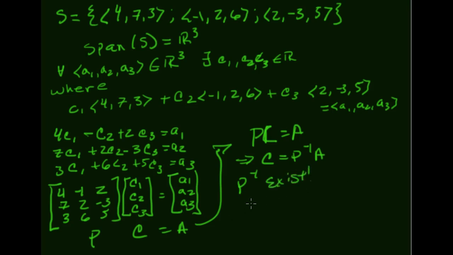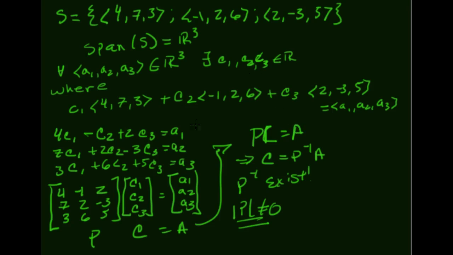If P inverse exists, this means that the determinant of P cannot be 0. So it suffices to show that if the determinant of P is not 0, then P inverse exists. If P inverse exists, this has a unique solution. So regardless of what A1, A2, and A3 are, I can find C1, C2, C3 in such a way that I can make the linear combination and get everything in R3.